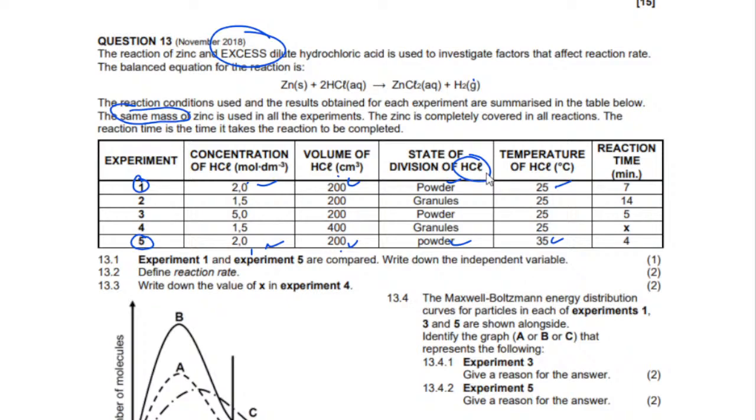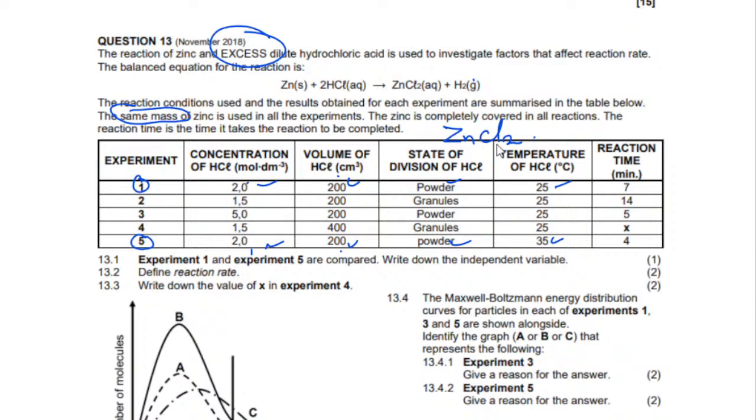State of division for hydrochloric powder? There is no hydrochloric acid that is a powder. It's supposed to be zinc. Yes, so that's the answer.